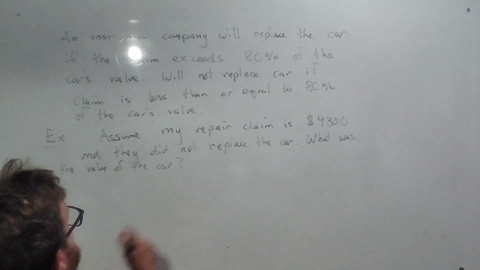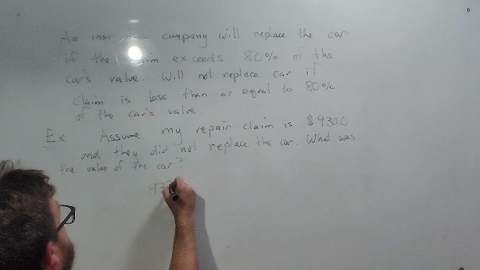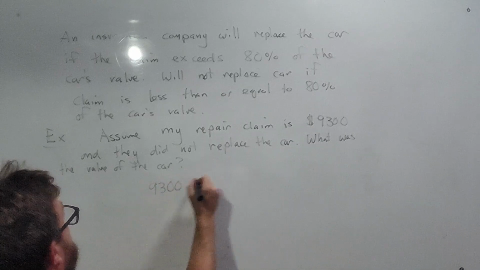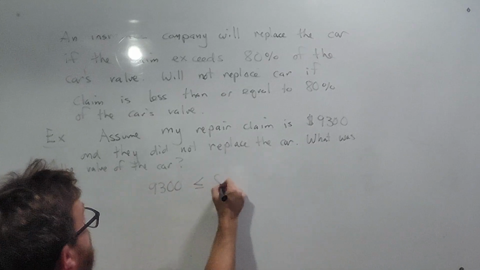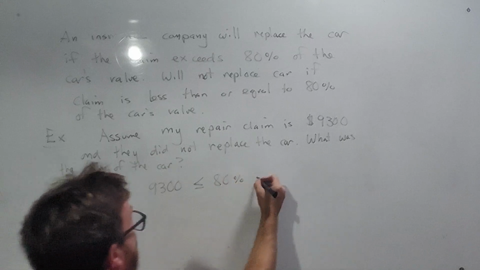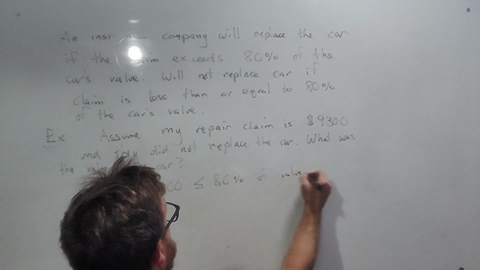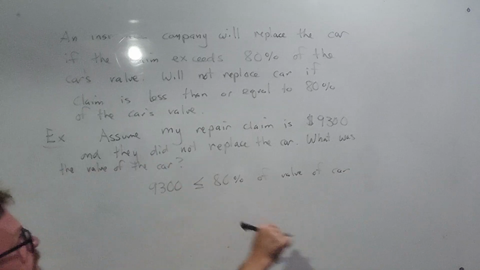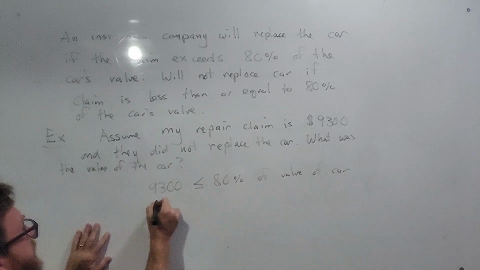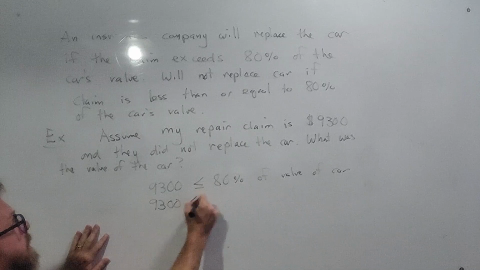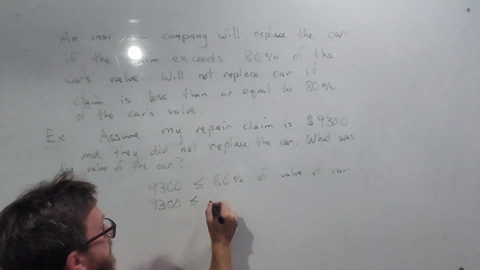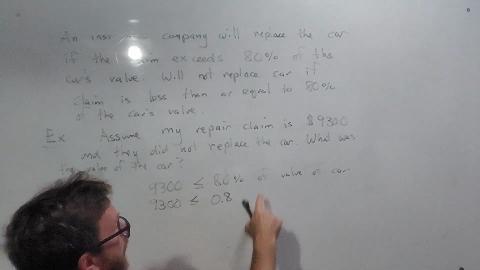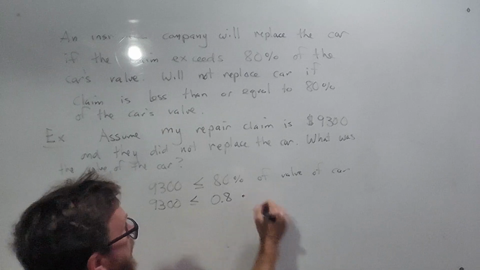So what that basically says is that $9,300 was less than or equal to 80% of the value of the car. Or if I want to put this into an equation, symbolic notation, I can say 9,300 is less than or equal to 80%, being 0.8, multiplied, so times the value of the car.